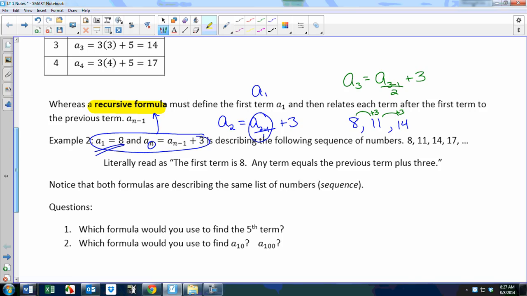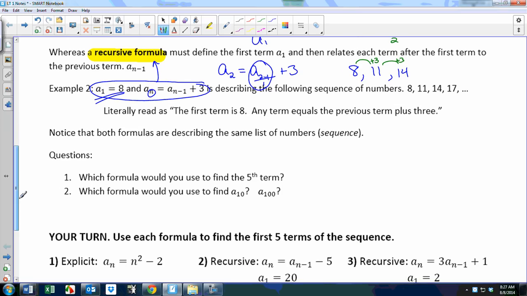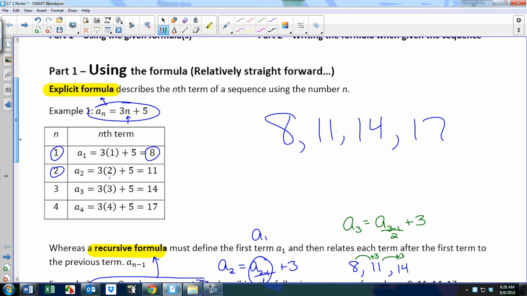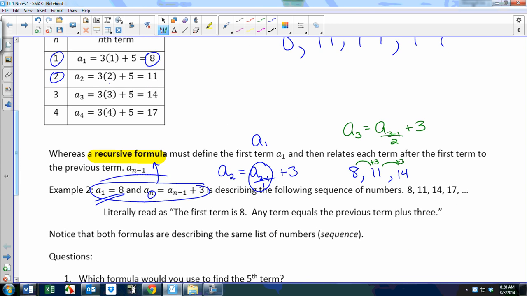All right? Now, I've got a couple of questions and then a few for you to try to get kind of acclimated with this. But the first question is, which formula would you be tempted to use? The one we were just working with, the fifth term. Would you use the explicit formula, this one here, or would you be tempted to use the recursive version, and why?